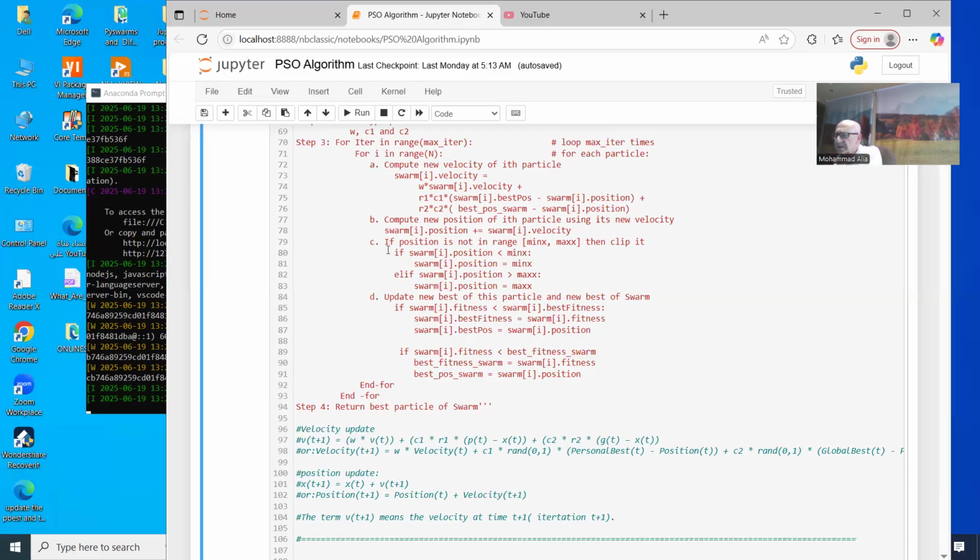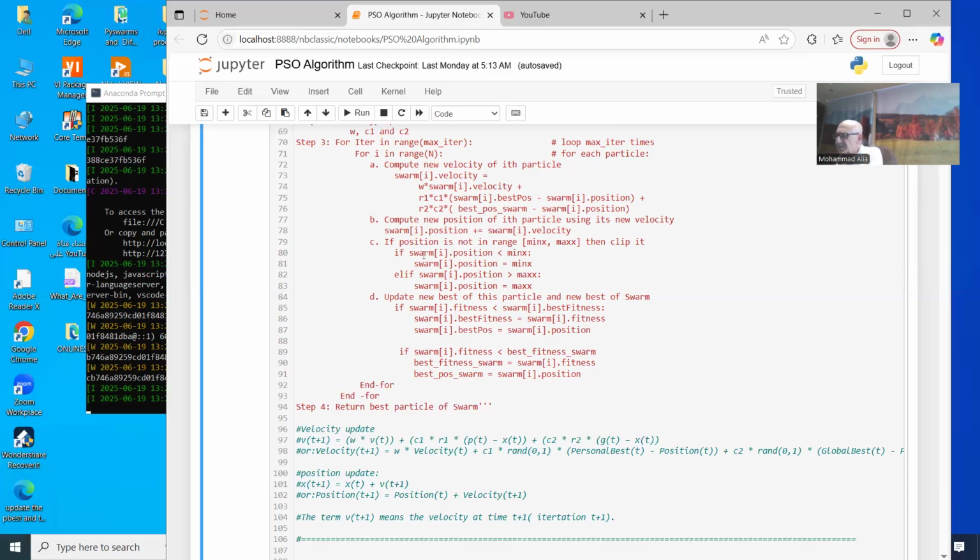Now, an interesting thing that must also be included is to take care of the position of the particles so that they all will be within the minimum and maximum values of the bounds of the function.